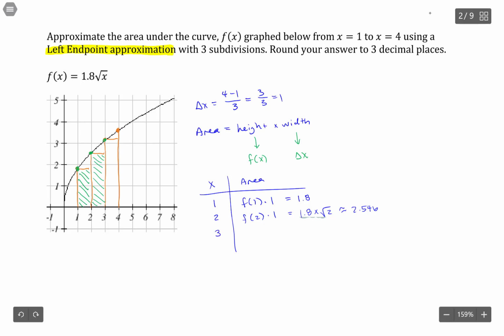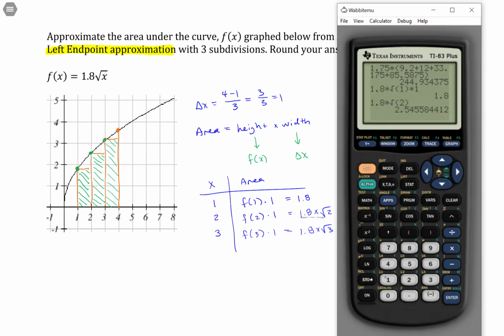The next rectangle, the height of it is going to be defined by f of 3, and its width is still just 1. So when I multiply those two together, that will give me the third rectangle, and that's obviously going to be 1.8 times the square root of 3, and that is approximated, if we just do that computation, 3.118.